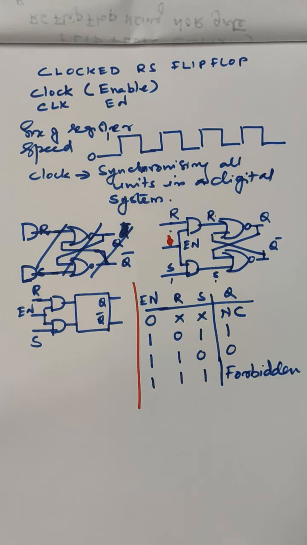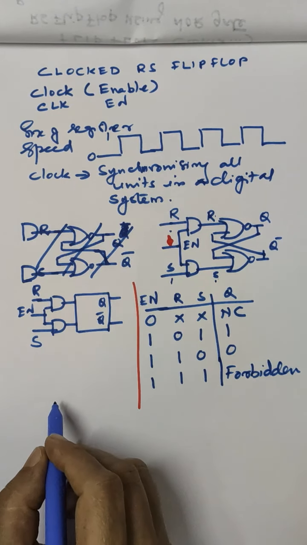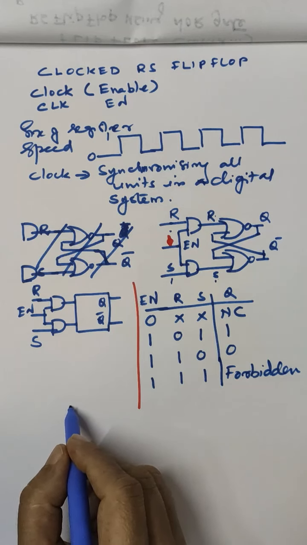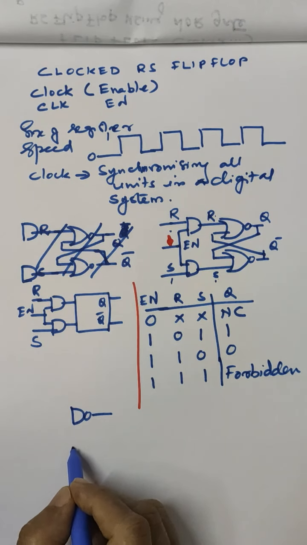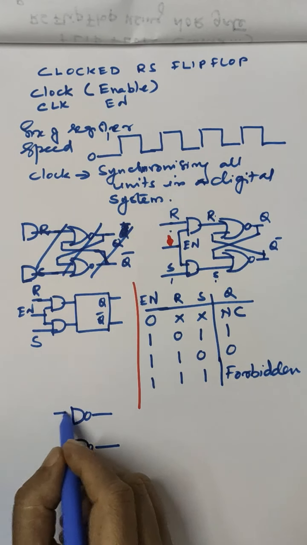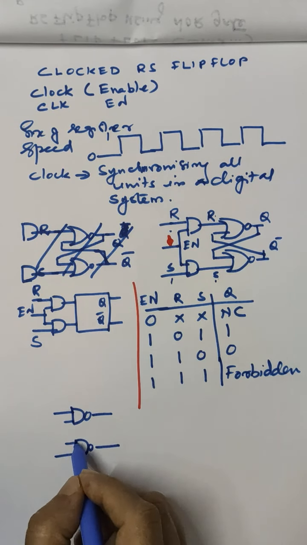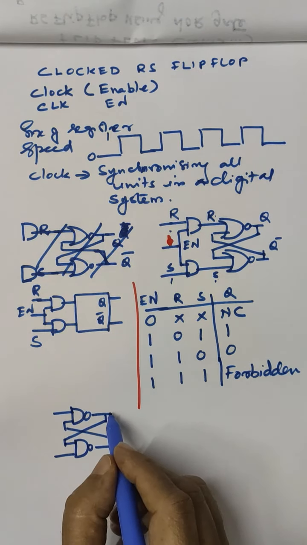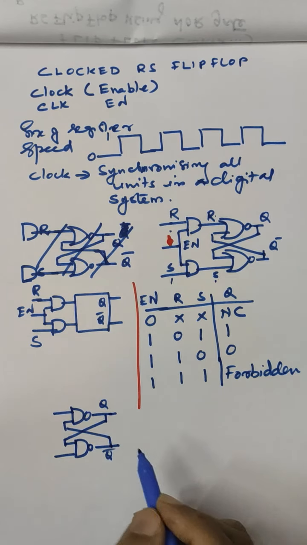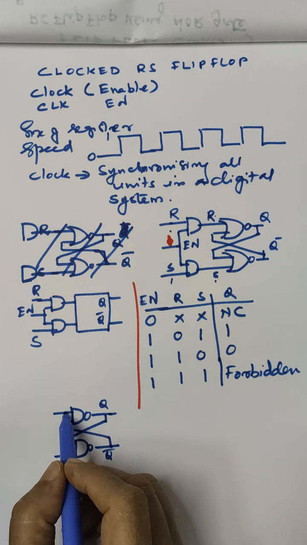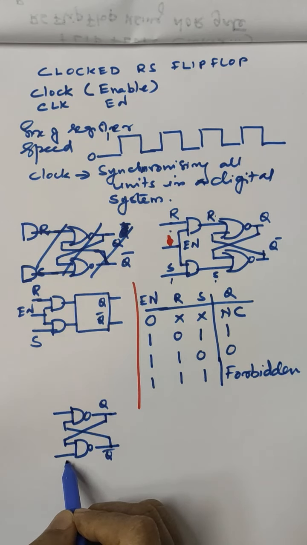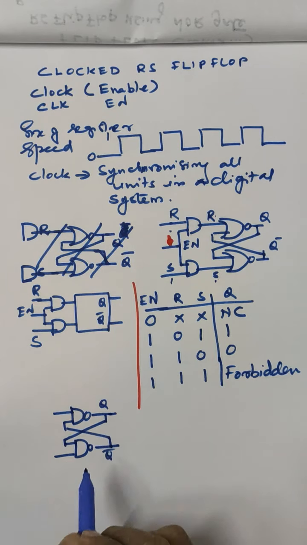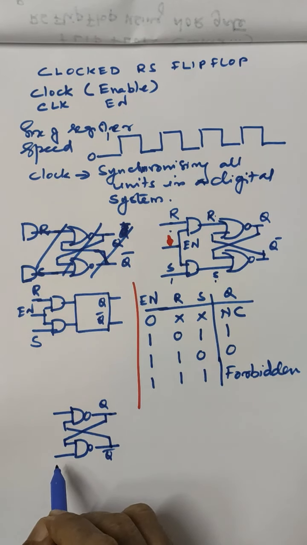Similarly, we can construct a clocked RS flip-flop using NAND gates also. So we'll draw the diagram of the NAND gate circuit. Okay. Now there is an advantage. You can see that this is actually R and this is S bar and this is R bar. And in order to make it S and R, we have used two NOT gates.